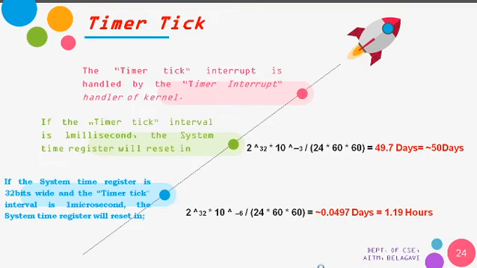Here I am taking 2 raised to 32 because it is 32 bits wide, and 10 raised to minus 6 because the time interval is 1 microsecond, then 24 hours, 60 minutes and 60 seconds, which equals 1.19 hours. Similarly, if the timer tick interval is 1 millisecond, the system time register will reset in approximately 50 days. The timer tick interrupt is handled by the timer interrupt handler of the kernel.